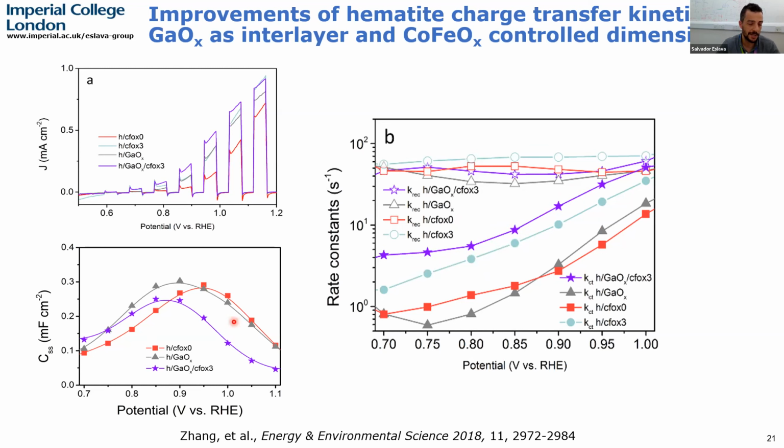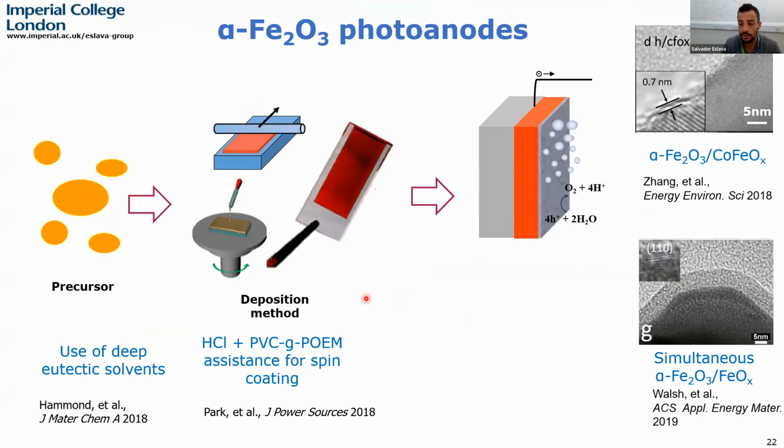And we also saw when we measured the capacitance of surface states that we have a shift to lower potentials, which is in agreement with having the gallium oxide and the cobalt iron oxide hydroxide controlled amount on the surface, increasing the capacity, the ability of our photoanodes to store charges at its surface, which can eventually be transferred to the electrolyte. So that was for our work for cobalt iron oxide hydroxide.